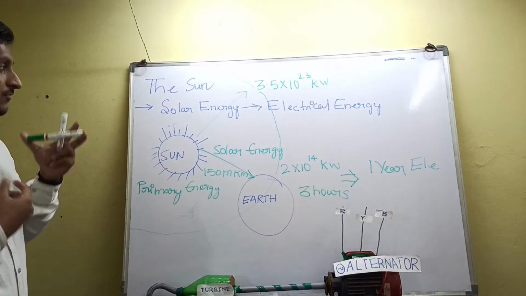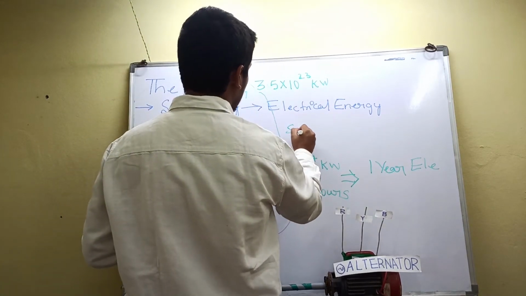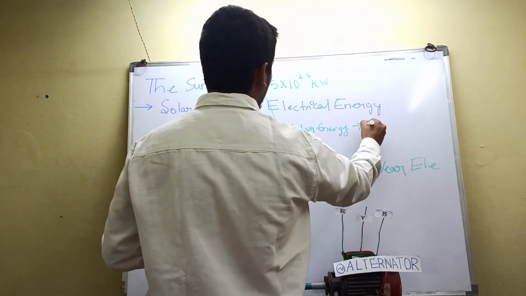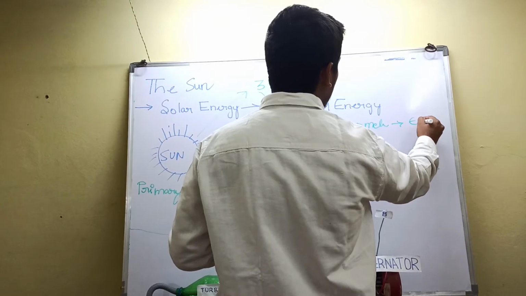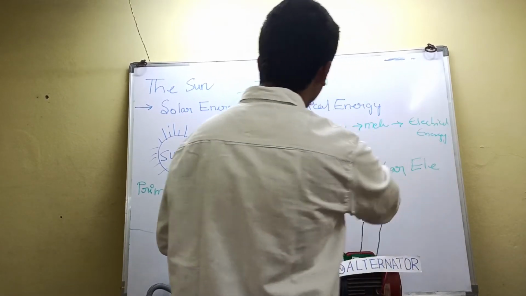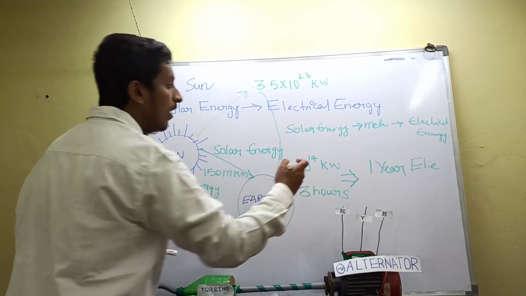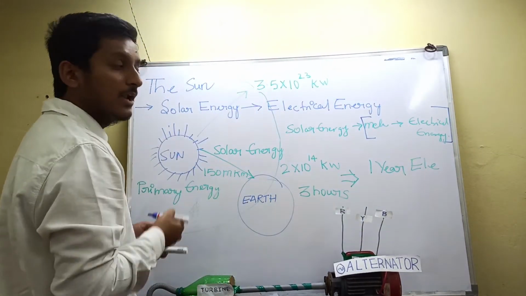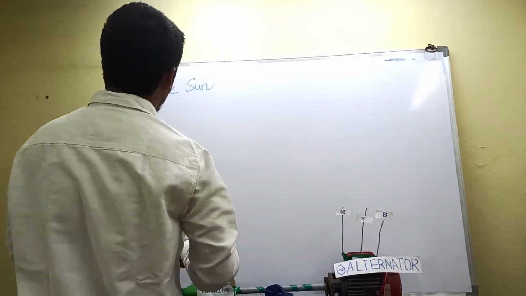Now, we will be involved in the process of solar energy to mechanical energy, and mechanical energy to electrical energy. So, let us see how this is going to happen. I have already explained how we convert mechanical to electrical energy. Now we will see how to convert solar to mechanical energy.